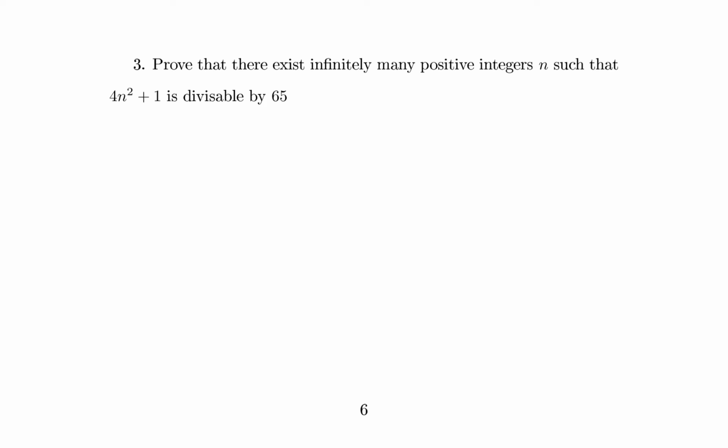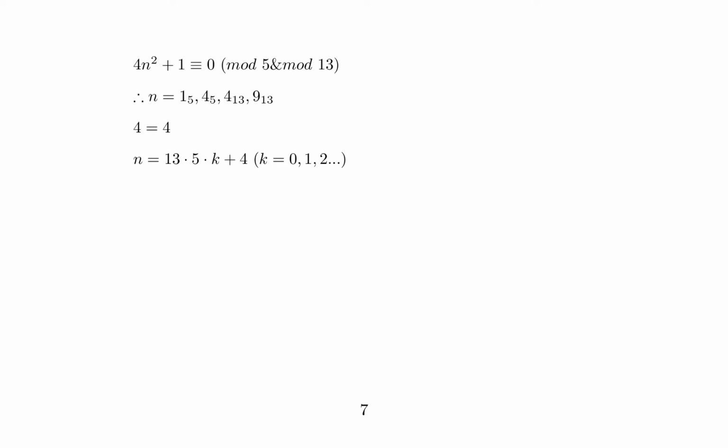Third question. Prove that there exist infinitely many positive integers n such that 4n squared plus 1 is divisible by 65. 65 is 5 times 13, so we want 4 times n squared plus 1 to be equal to 0 mod 5 and mod 13.